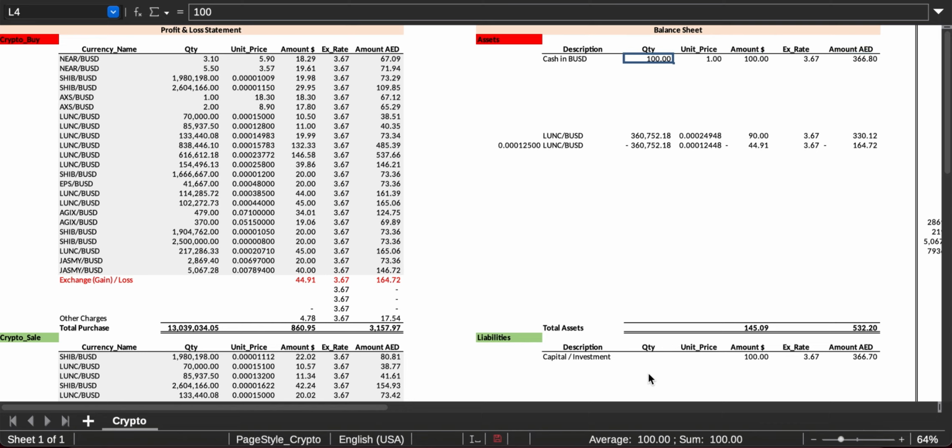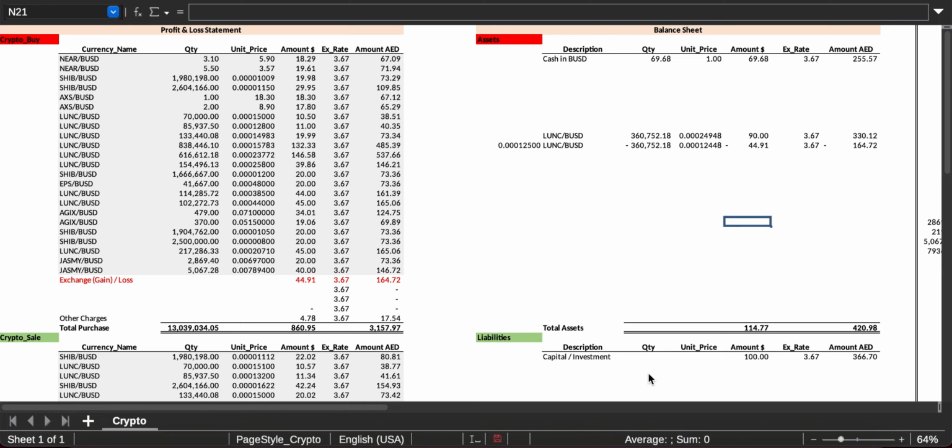But because I already did different transactions, now I have only 69.68 BUSD on my asset side, whereas in my capital investment there is no change, because I only invested $100 and I didn't invest more. With this $100 I am just running my crypto.